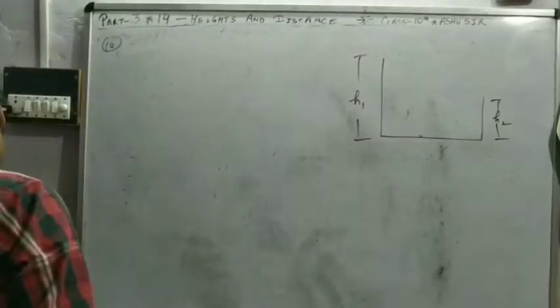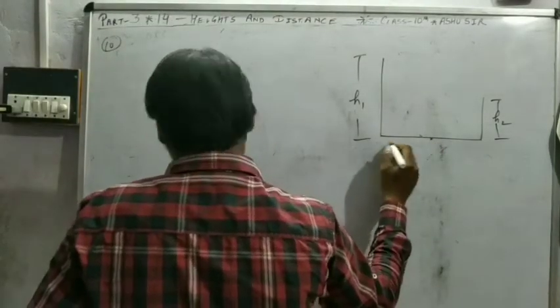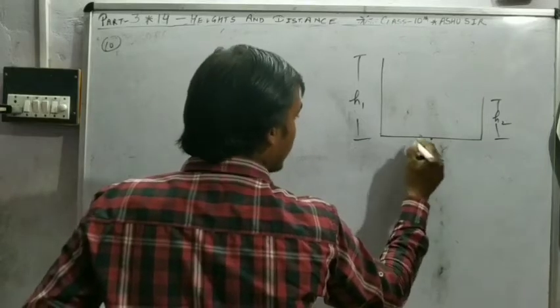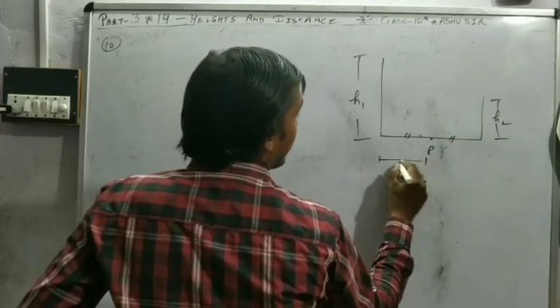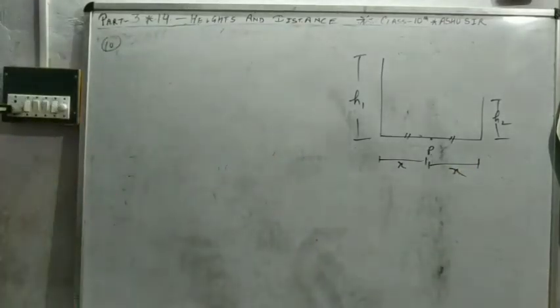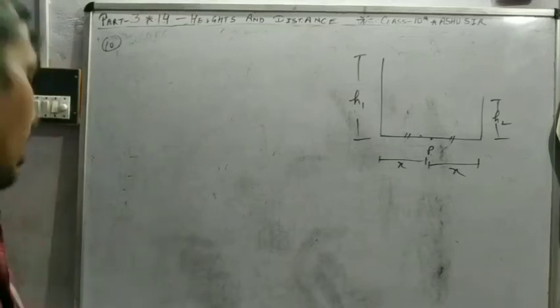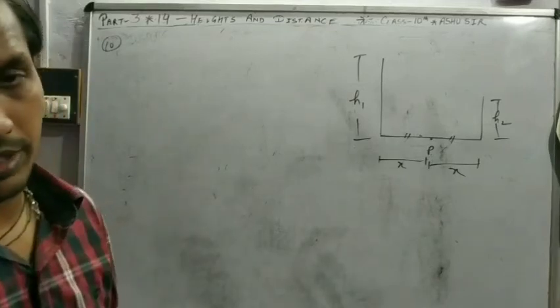When you take any point, the midpoint of the line joining the bases, suppose that P is the midpoint. If you take this x, this is also x, and the angles of elevation of the towers are 60 and 30 degrees respectively.